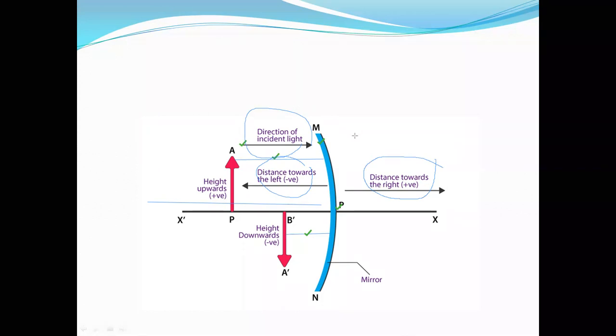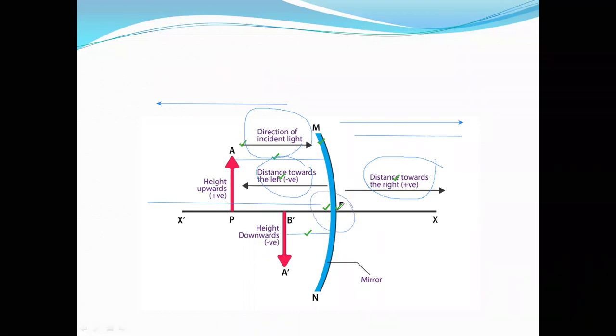Incident light is going this way, right? This is the direction of the incident light. If we measure anything in this direction, it is taken as positive, and if we measure anything in this direction, it is taken as negative. Try to understand these things. Everything starts from the pole.